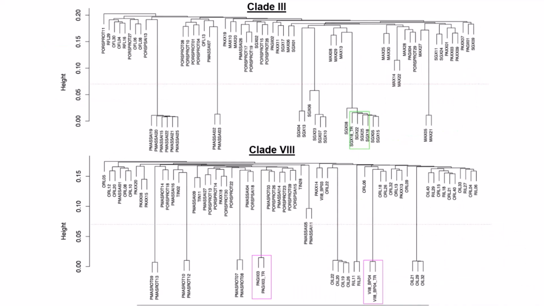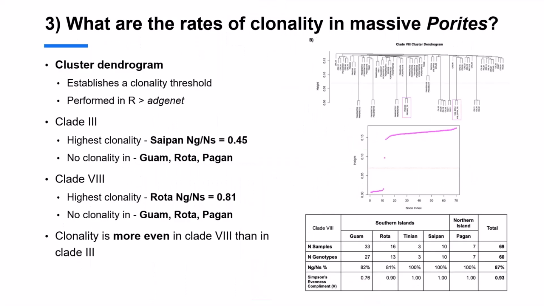Here's what that parallel analysis looks like for clade 8. It has a very similar clonality threshold, although we're seeing a bit of difference in the topology of this cluster dendrogram. Overall, though, it's still a majority of unique genotypes, which indicates that sexual reproduction is still dominant here. The highest rate of clonality was observed on Rota with a unique genotype rate of 0.81.